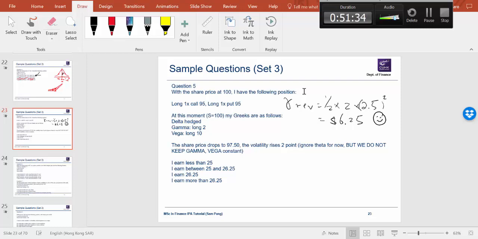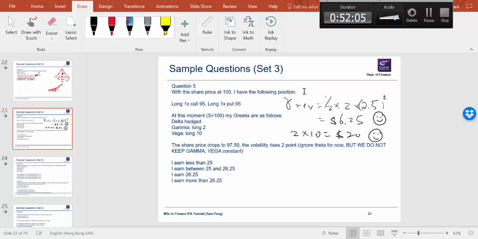And you are long options, so you want volatility to rise, and it did. It rose by 2 points, and you are long 10 Vega. So these are, like I said, dollar Greeks. So you earn another 20 bucks. So you're happy there as well. So it looks like C should be the right answer.